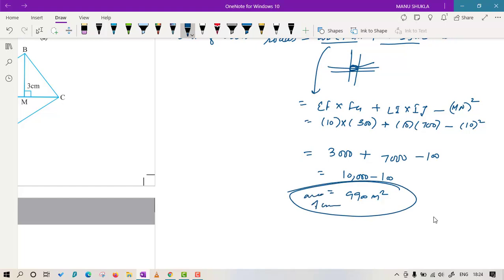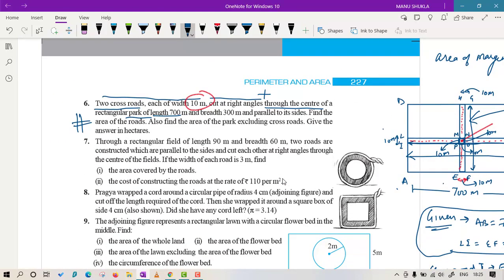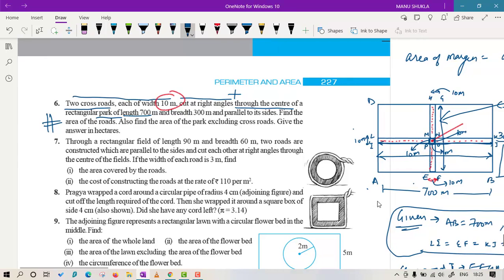Now let's see, is there anything else they are asking? They are saying find the area of roads. Also find the area of park excluding roads. Now it is the easiest thing. If you have found the area of crossroads, can't you find the area of remaining field? It is very simple. Find area of ABCD and subtract this area that you have obtained.